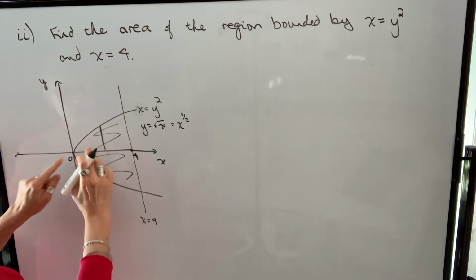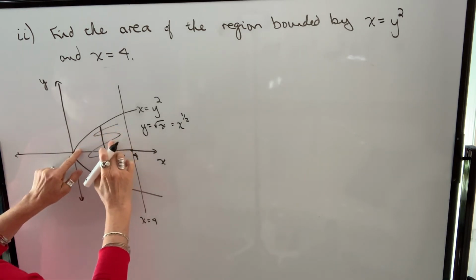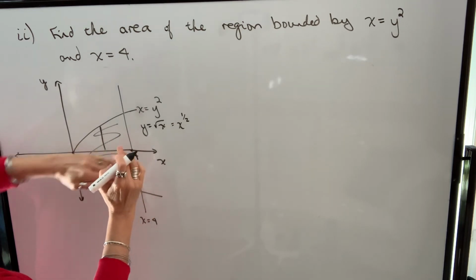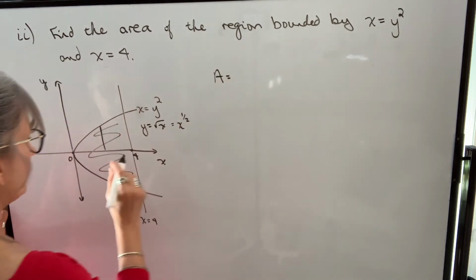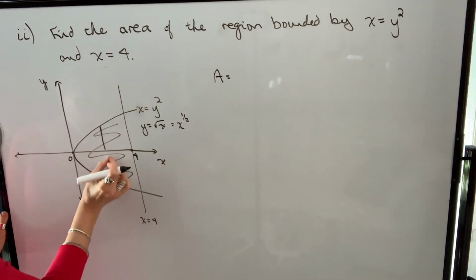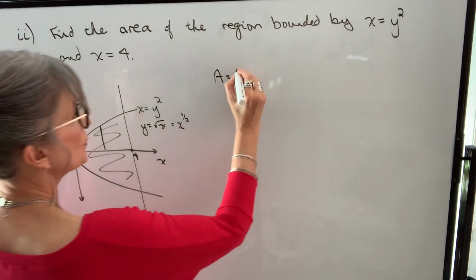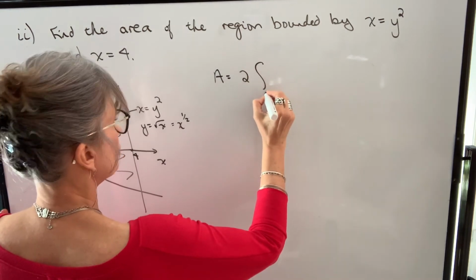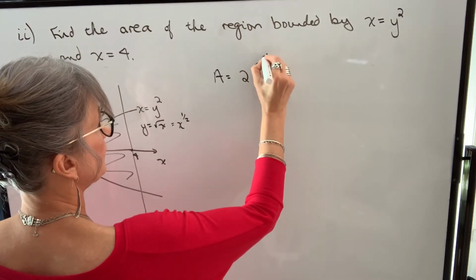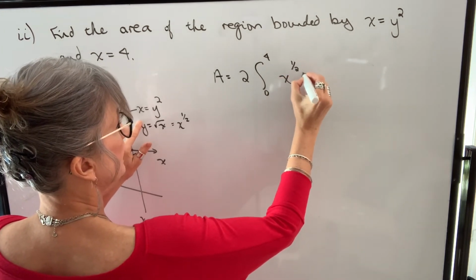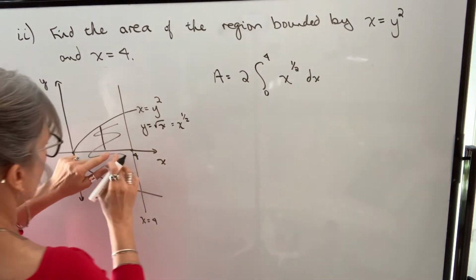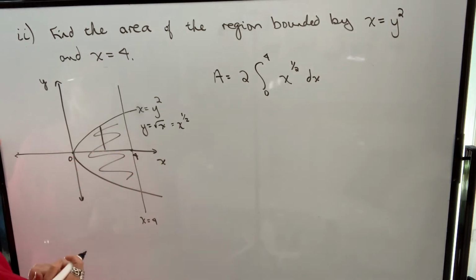So what I'm going to do is find the area under this curve, so above the x-axis, from 0 to 4. And then I'm going to multiply by 2 to cover this region here. So it'll be 2 times the integral from 0 to 4 of x to the 1/2 dx. Okay, or minus 0, the bottom curve is 0.